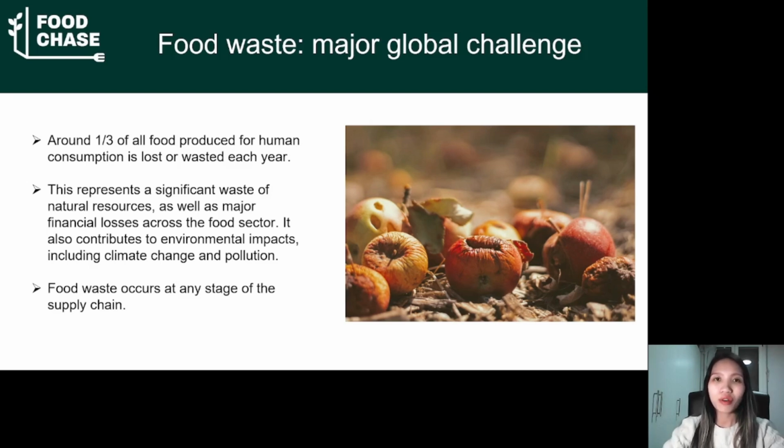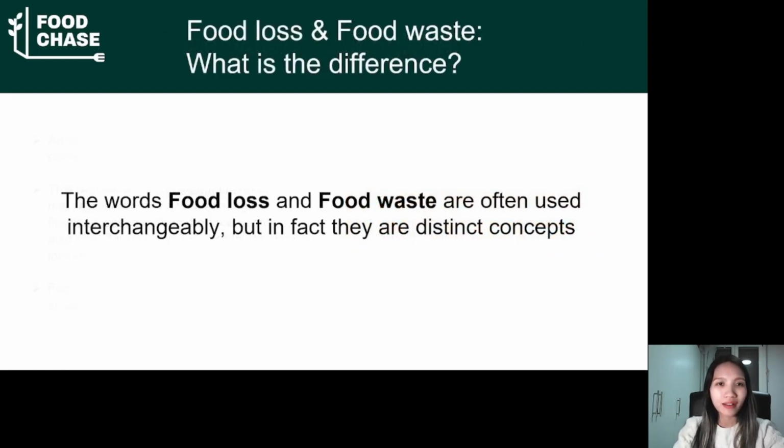When you hear about food waste, maybe you think about the waste during consumption, but actually food waste can occur at any stage of the supply chain, not in any particular stage. You must have heard about food loss and food waste, but do you know what is the difference between them?